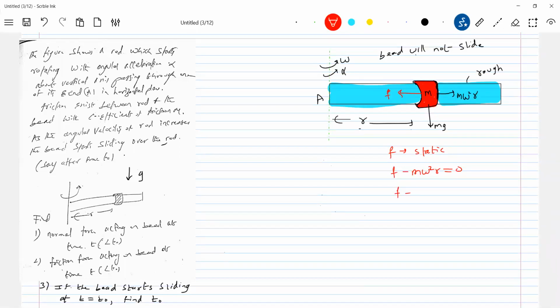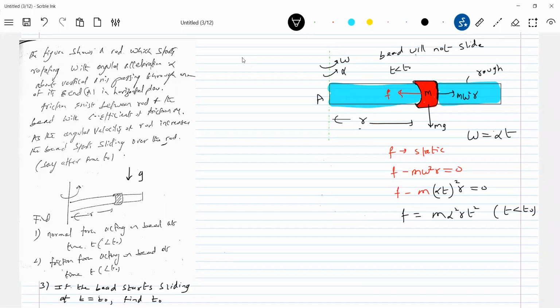And what is omega? We know it is alpha t. So substitute that value: omega equal to alpha t, whole square, so F equal to m alpha square r square t. Strictly, the condition is t less than t naught.